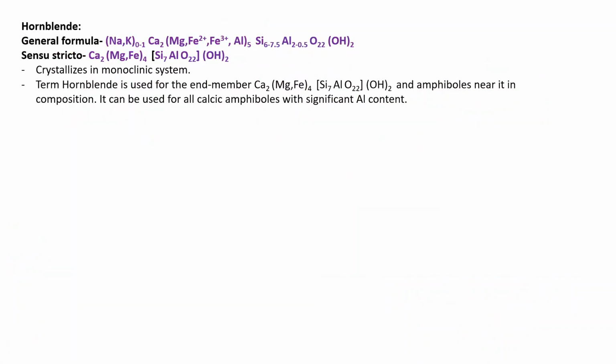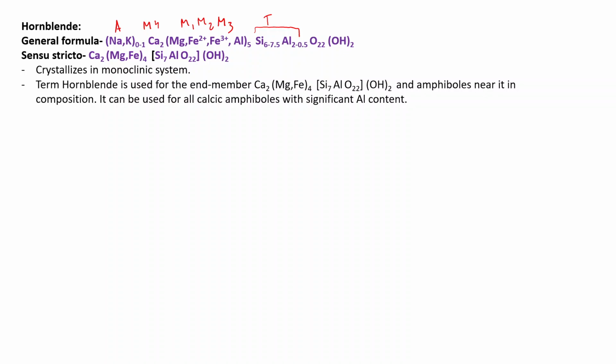Okay, so if you look at hornblende, the general formula has NaK, as I previously mentioned, which will be the A site, this will be M4, all this over here can be M1, M2, M3, and this constitutes the tetrahedra. So A, B, C, T.